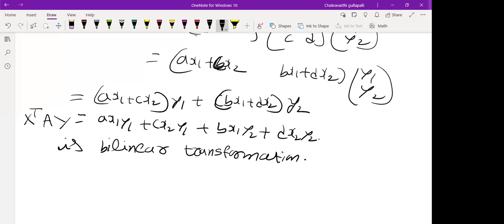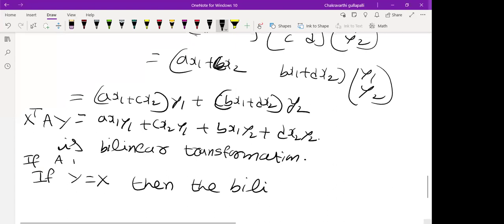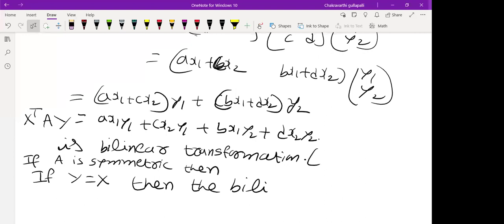If y is equal to x, there two variables are there. X is there, y is there. Suppose that y equal to x, then the bilinear transformation. One more before going to this. If A is symmetric, then I will call this BT, bilinear transformation.